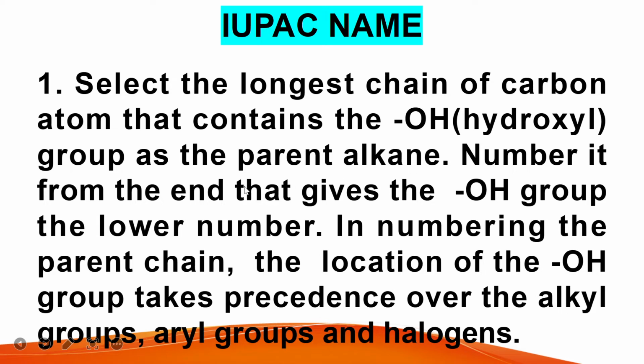Number it from the end that gives the hydroxyl group the lower number. In numbering the parent chain, the location of the hydroxyl group takes precedence over the alkyl groups, aryl groups, and halogens.